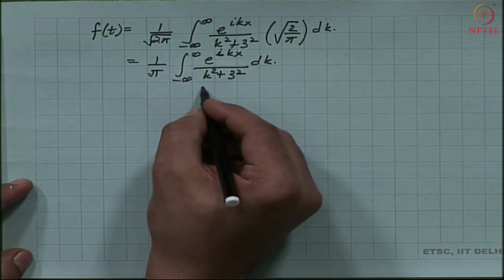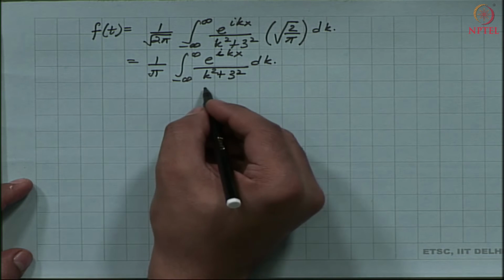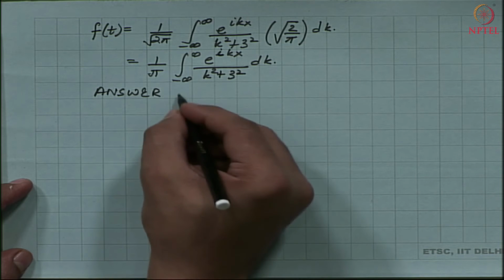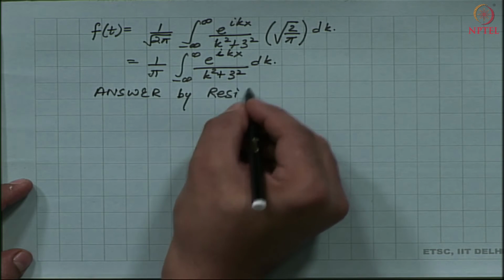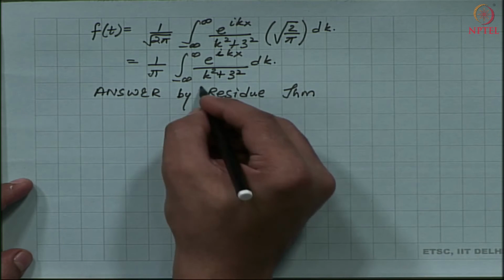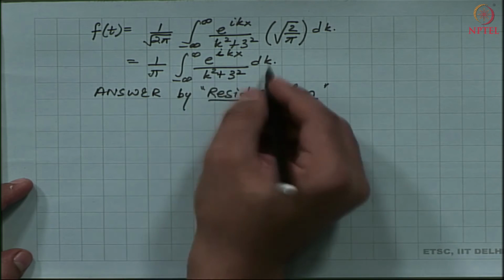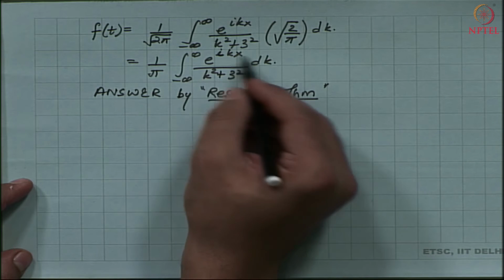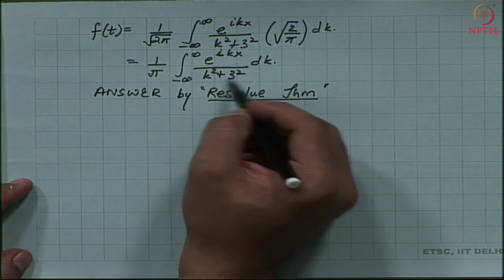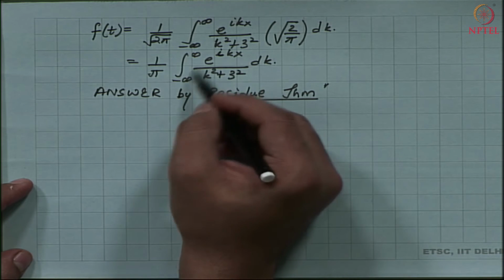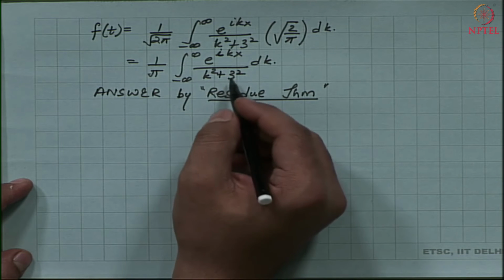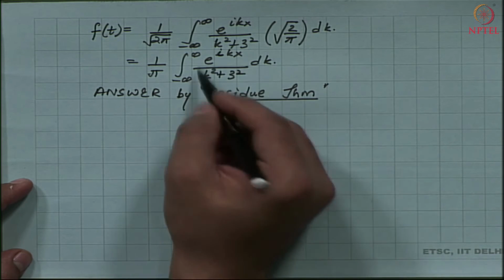So, notice that again I can find the answer by using the residue theorem. Going back to our complex variables basics, we have to consider a semicircular arc and see that over the circular part the integral vanishes in the limit, and all I am left with is the real integral.